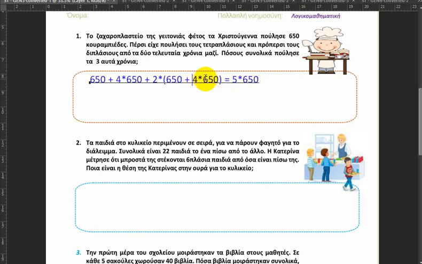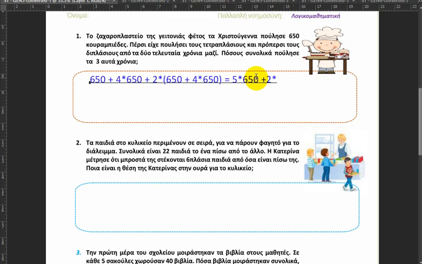4 times 650 means 4 650s. And another one is 5 650s. So this becomes this. And then we'd say plus 2 times this again.